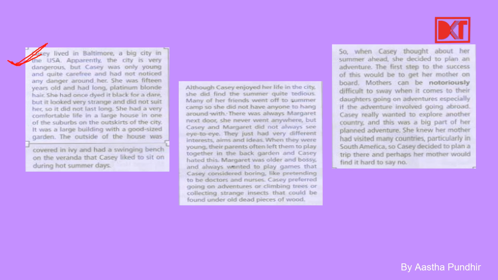When they were young, their parents often left them to play together in the back garden, and Casey hated this. Margaret was older and bossy and always wanted to play games that Casey considered boring, like pretending to be doctors and nurses. Casey preferred going on adventures, climbing trees, collecting strange insects that could be found under old dead pieces of wood.